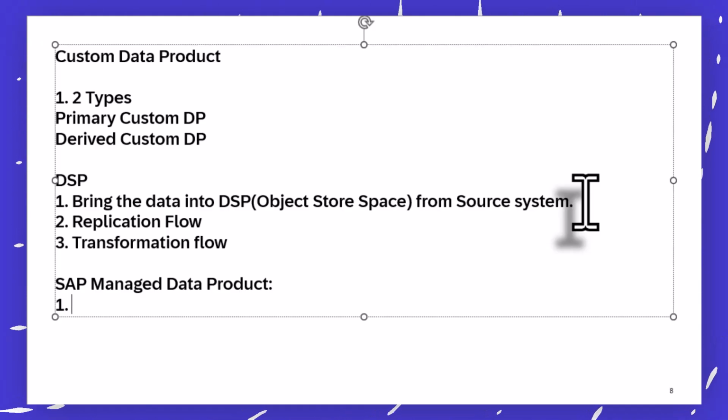Now we'll understand what happens during installation of a data product, especially a SAP managed data product. If a customer or end user installs a SAP managed data product, there are two ways to install it. One is via the BDC cockpit, or using the Datasphere cockpit.